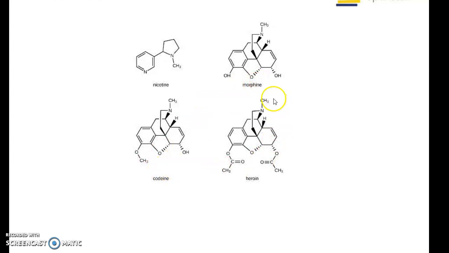And then if you talk about heroin, that has an O, and this C right here becomes a double bond O, so you have an ester, because you have CH3COO. So you have an ester formed here, and then instead of just an OH here, you've got an ester formed here as well.